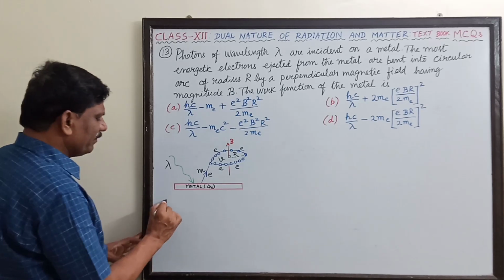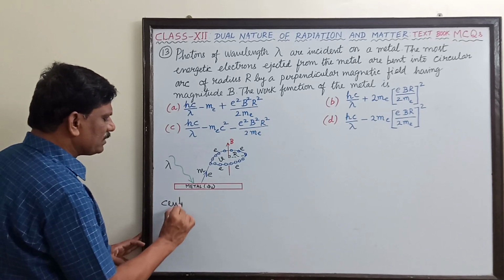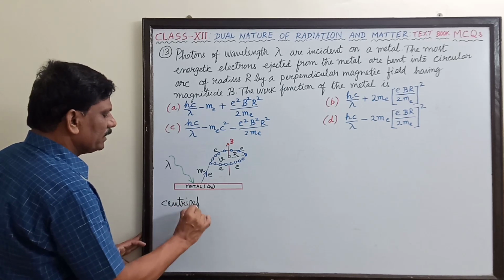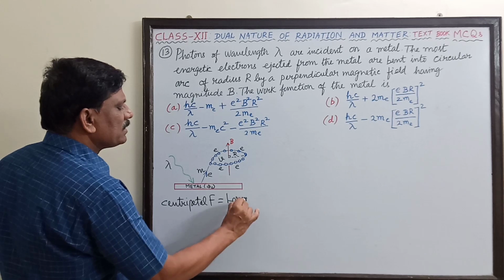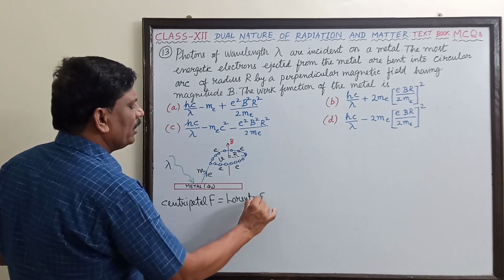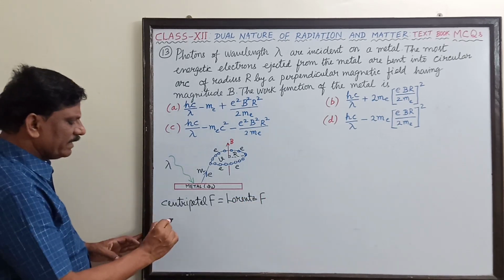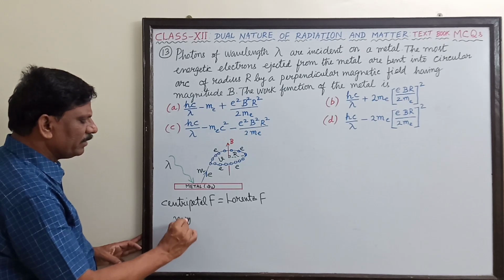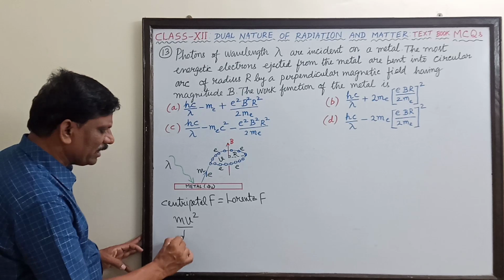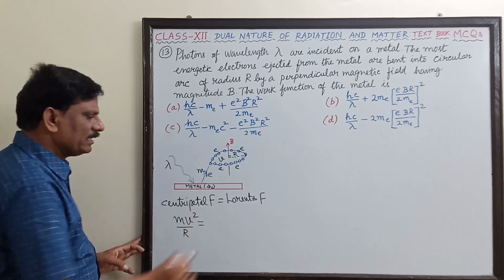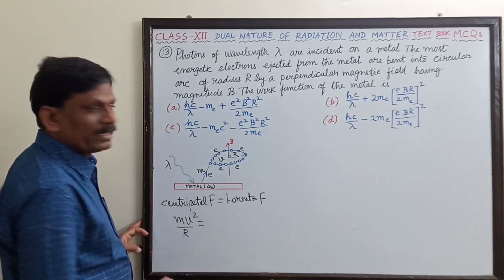So centripetal force is equal to the magnetic Lorentz force. Centripetal force is m v squared divided by the radius of the circle, given as capital R, and that is equal to the Lorentz force.